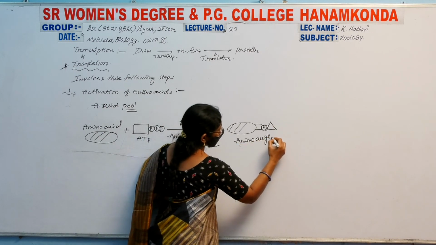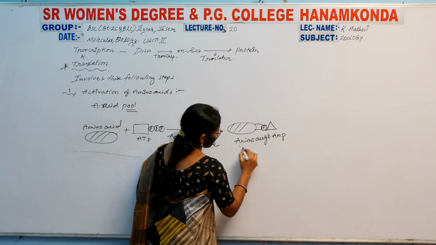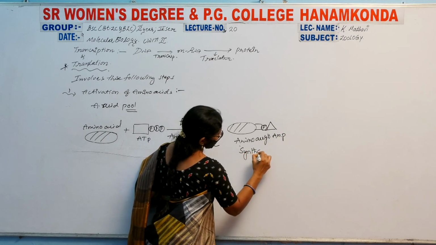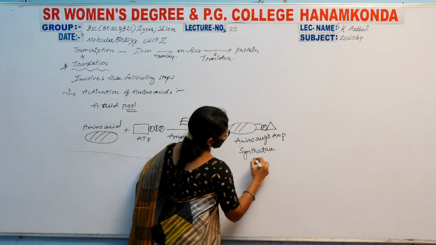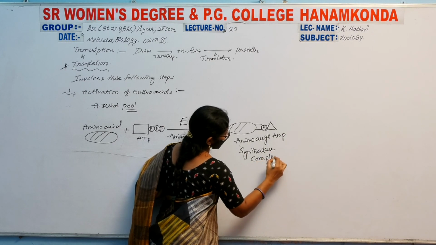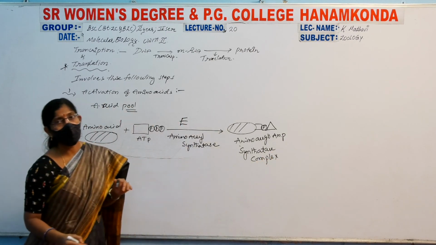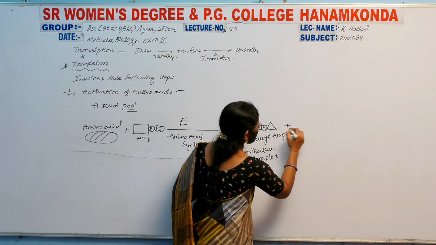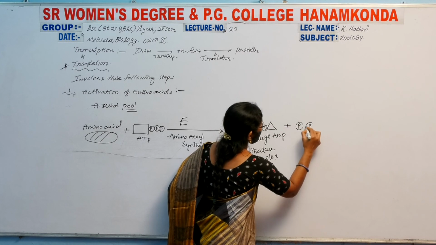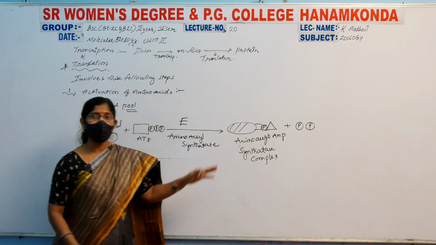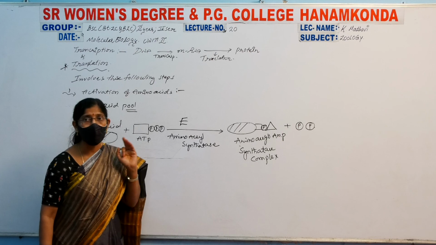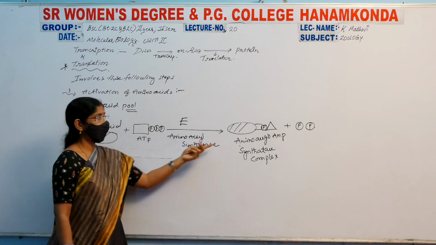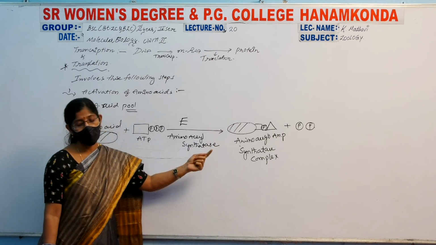Now it forms an amino acid AMP synthetase complex, and it releases inorganic phosphate molecules. AMP means adenosine monophosphate. Now the amino acid gets activated.